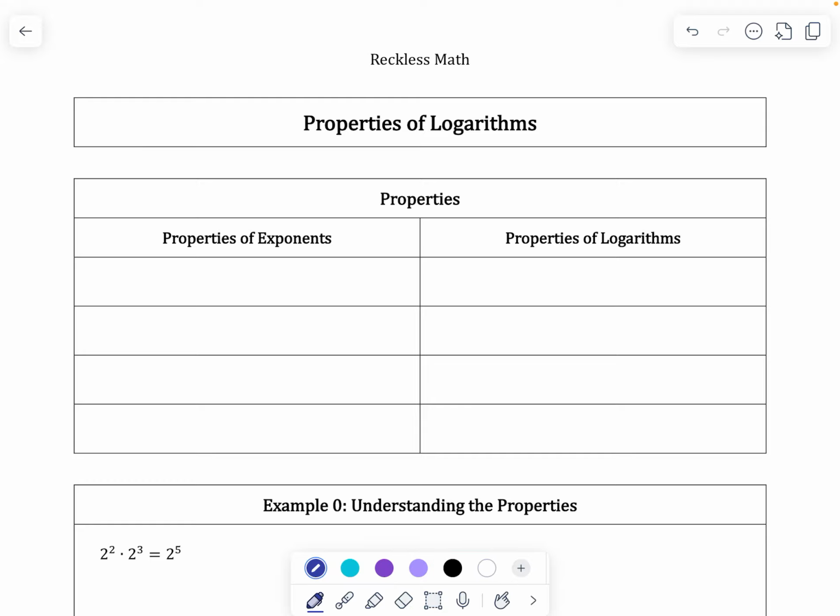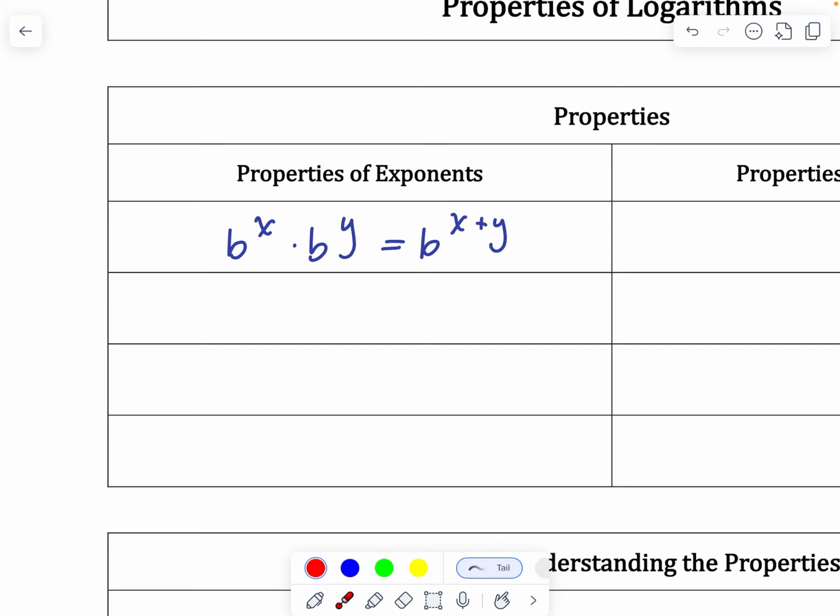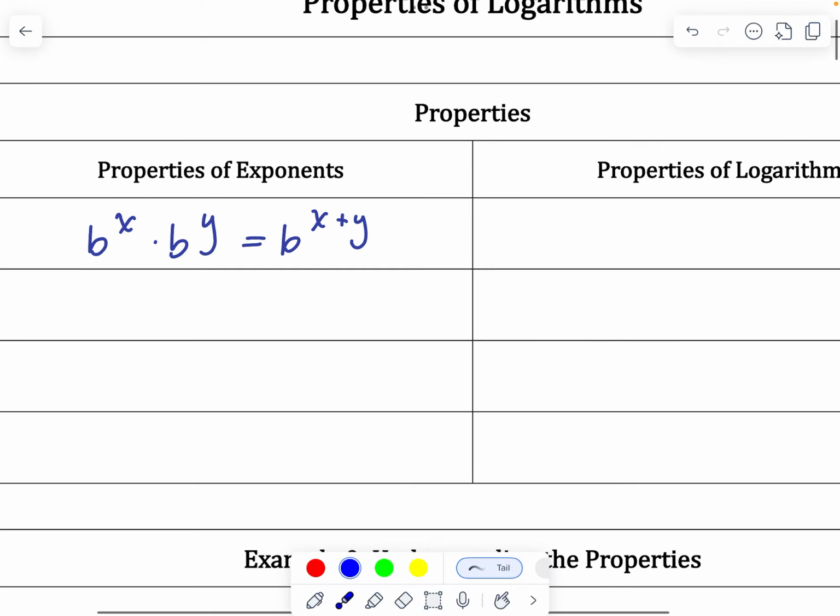But anyways, the first property of exponents I want to remind you of is, right, if I am multiplying 2 exponential expressions with the same base, I would add the exponents. So realize here that multiplication outside of the exponent corresponds to addition inside the exponent.